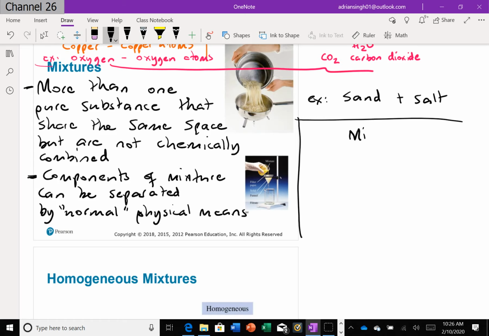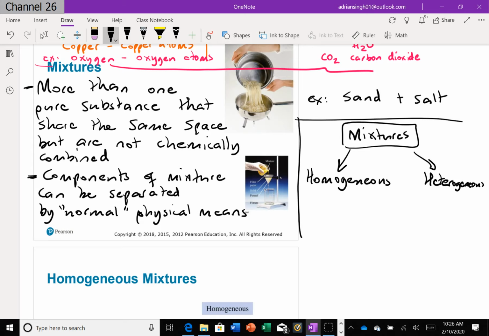So mixtures themselves, which are just instances where you have more than one pure substance that share the same physical space, can be subdivided into homogeneous mixtures and heterogeneous mixtures. And the difference between these two has to do with how evenly dispersed or how evenly distributed the components of the mixtures are.